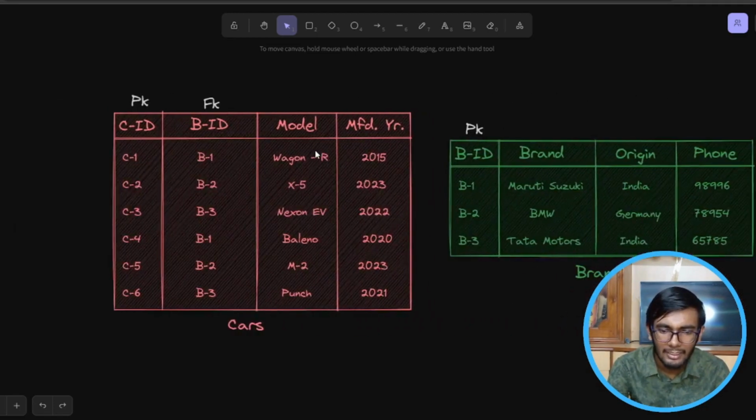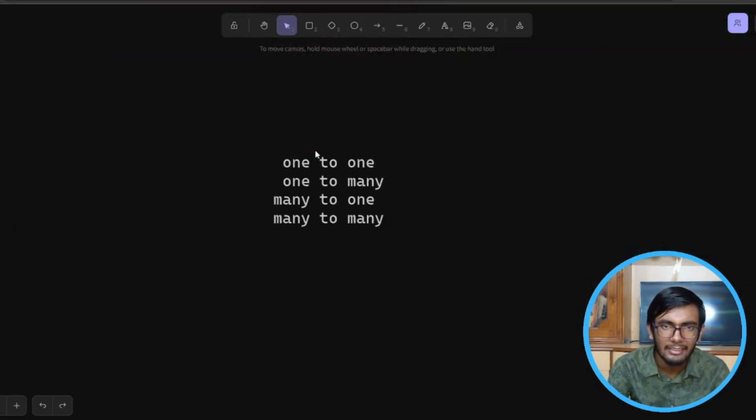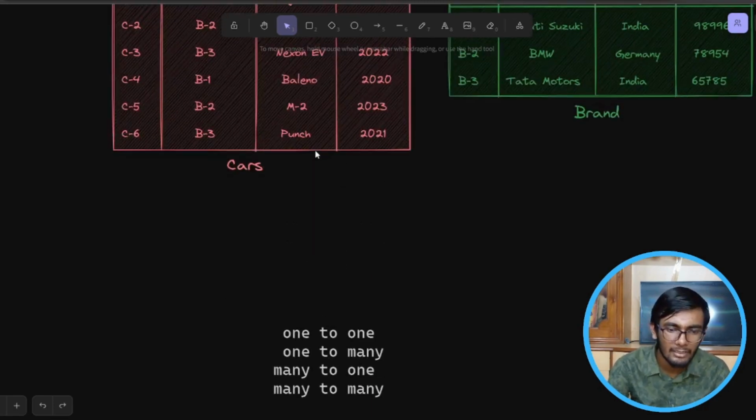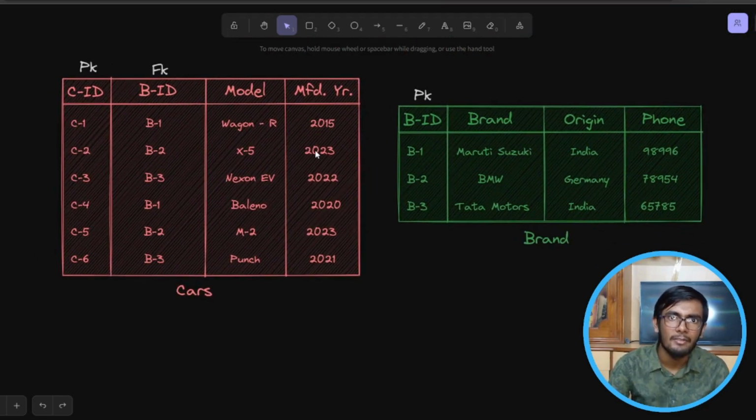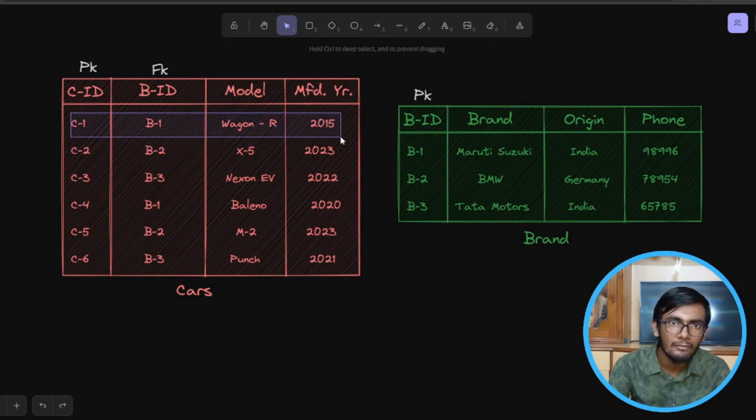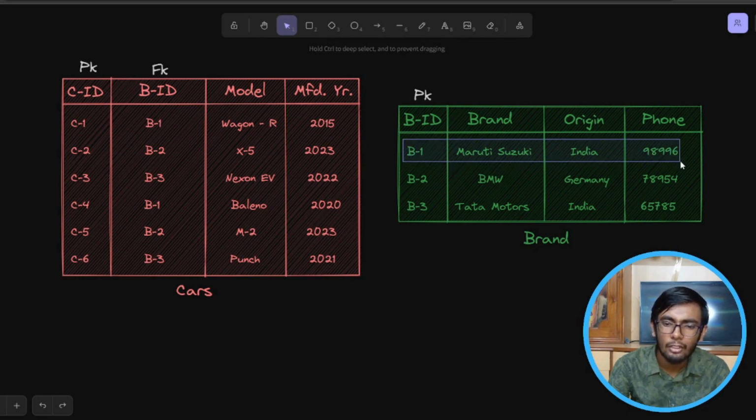Now, let's move on to our next relationship, which is one to many and many to one. Both of these are the same. It just depends on which object you are looking from. For example, if we look from the cars object perspective, then one record or many records of the car can be related to a single record of the brand.